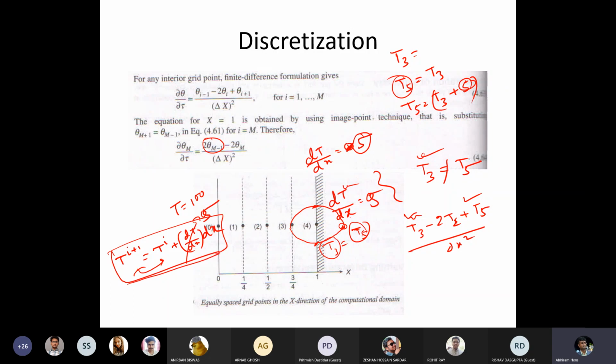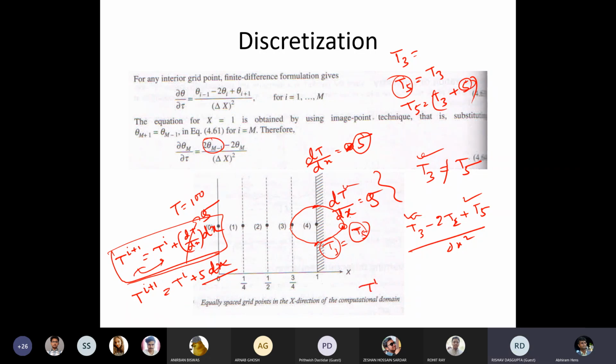If your gradient is known to you, so let's say this is 5, now I can write T(i+1) will be equal to T(i) plus 5 into dx. Now dx is known to you, right? dx is the grid size. So let's say its value is 0.1. So what will be the value?